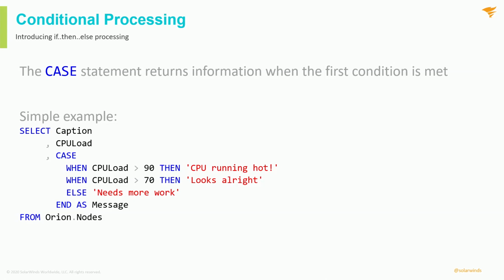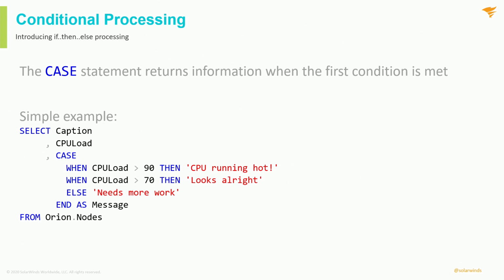Okay, we're going to introduce something that is called conditional processing. And this is essentially if-then-else kind of processing in SWQL. It is inherited from SQL. And this is a very simple example I have here that I'm not even going to run, but it's really just here for illustrative purposes. So this selects the caption and CPU load, and there's a case statement. And the case basically says, I need you to compare something.